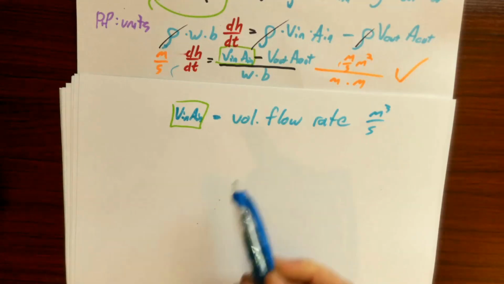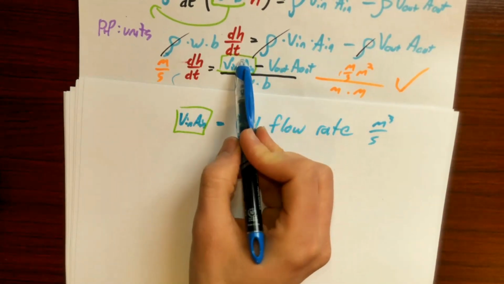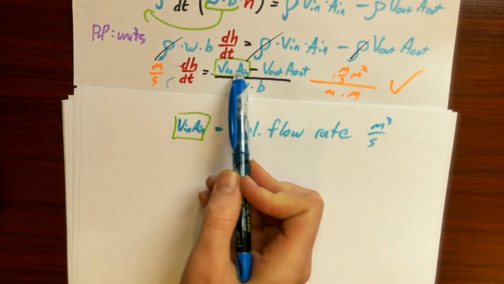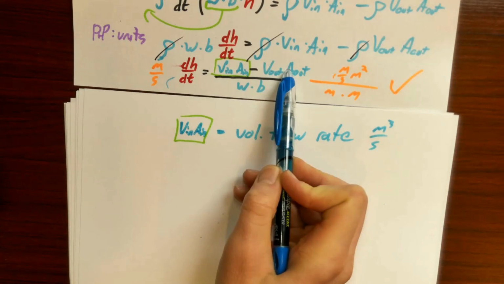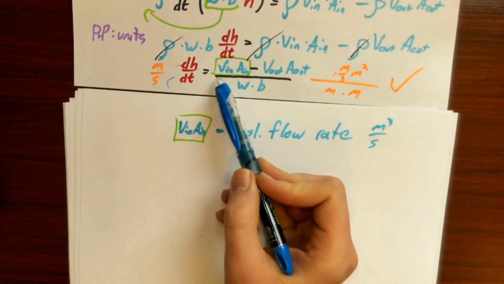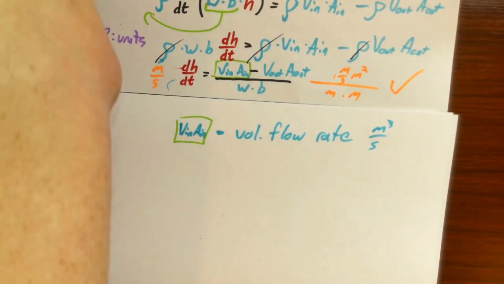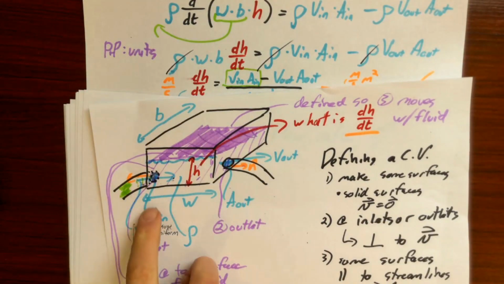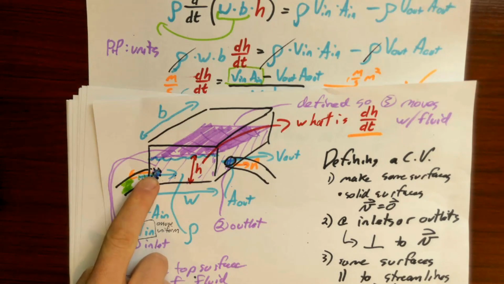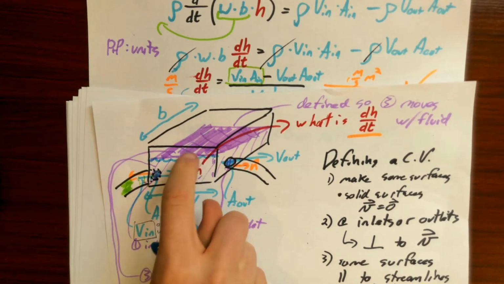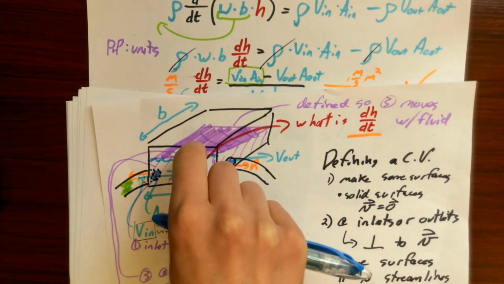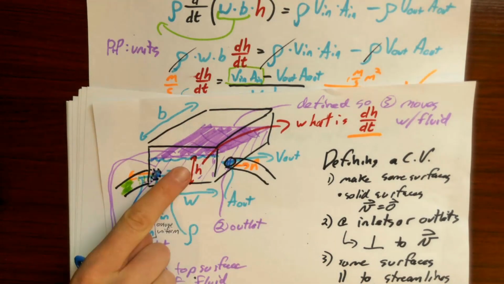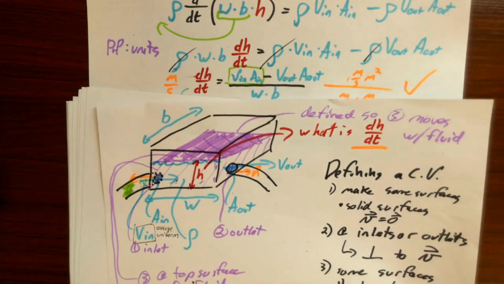So in a sense, this is our volumetric flow rate in and our volumetric flow rate out. If our volumetric flow rate in is bigger than our volumetric flow rate out, then the numerator is positive, so dH/dt is going to be positive. And physically, that's consistent with whatever result we have here, right? If our volumetric flow rate in is bigger than our volumetric flow rate out, then that must mean we're accumulating media inside our chamber. So that media depth has to be increasing in order to account for the extra fluid going in compared to going out. And of course the converse is true.